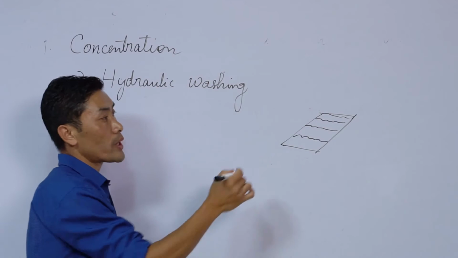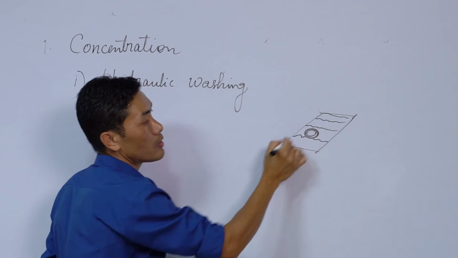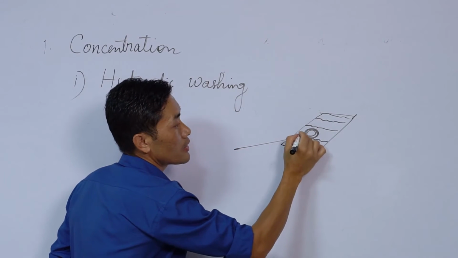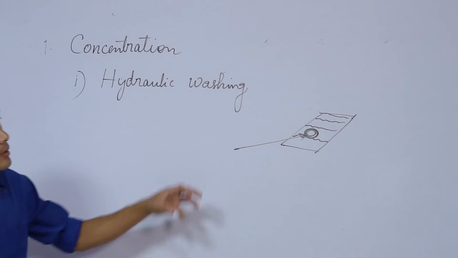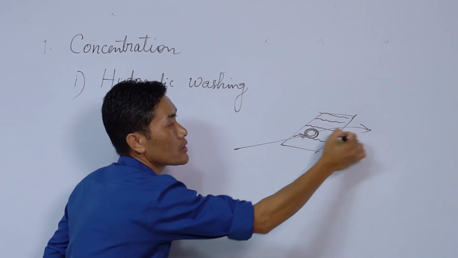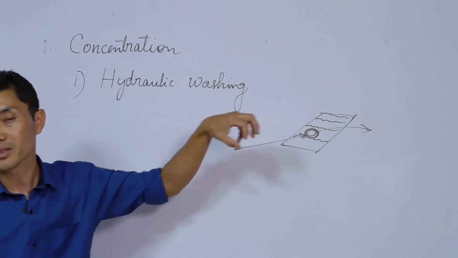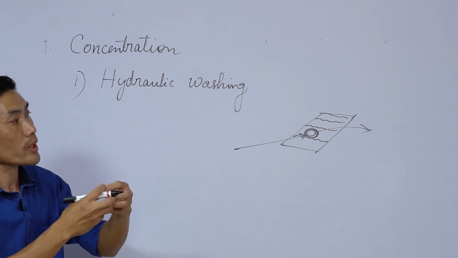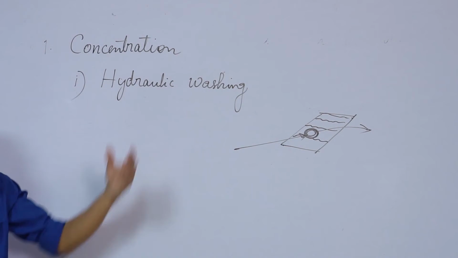The powdered ore along with the impurities is put on this table, and then it is washed with an upward stream of water. The lighter impurity particles will be washed away by the water, whereas the heavier ore particles will remain on the table. That is how the ore gets separated from the impurities, and the process is called hydraulic washing.